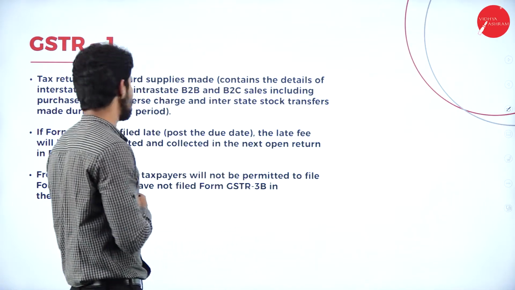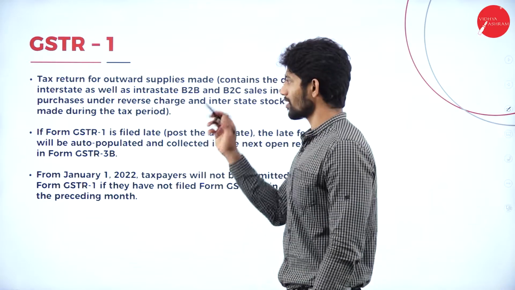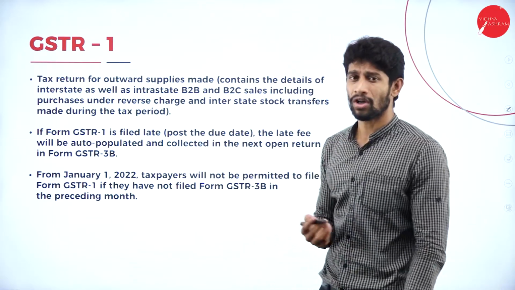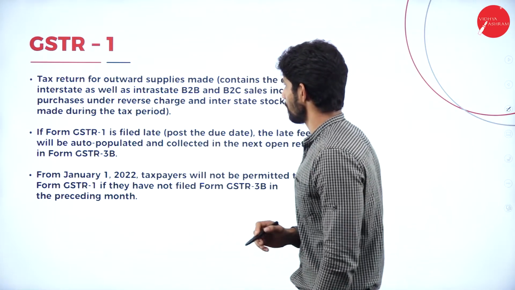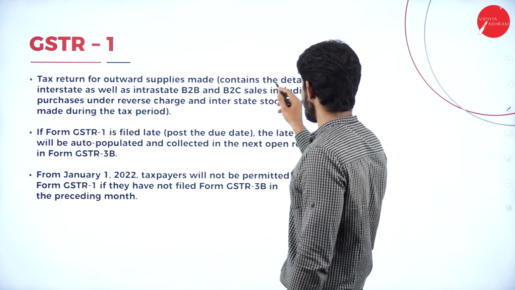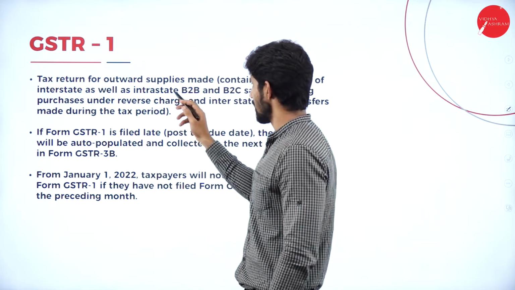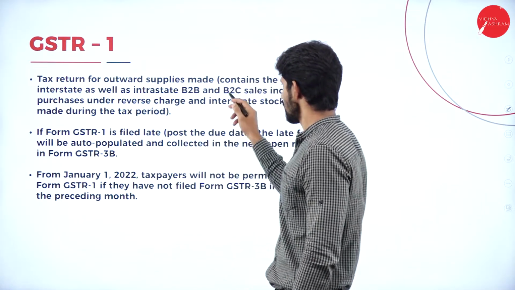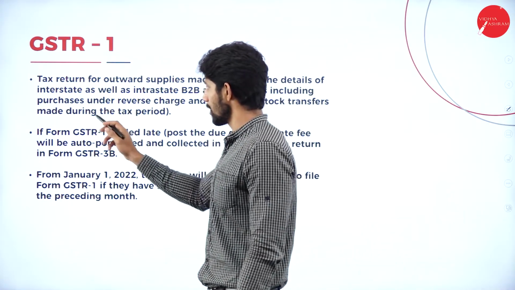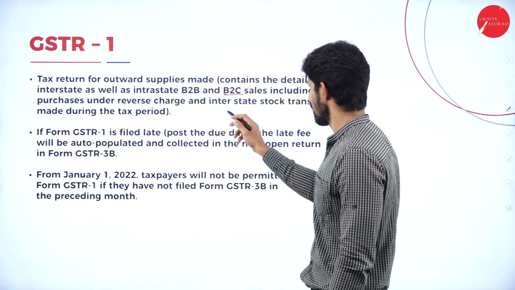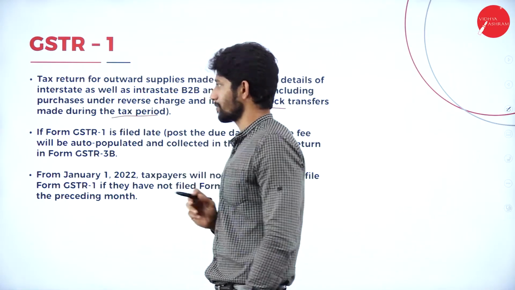So the first one is GSTR 1, GST return 1. So what is all about this GSTR 1? The tax return for outward supplies made contains the details of interstate as well as intrastate, business to customer sales, including purchases under reverse charge and interstate stock transfer made during the tax period.